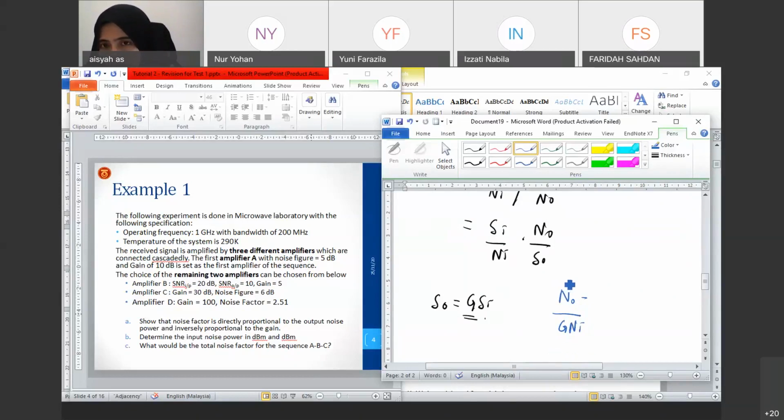Because G equal to S naught over SI, so it became 1 over G, so N naught over G NI. Alright, okay, I understand. So that means you get that G equal S naught over SI. Okay, actually G is S naught over SI.